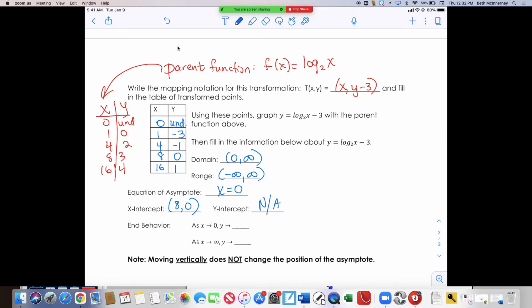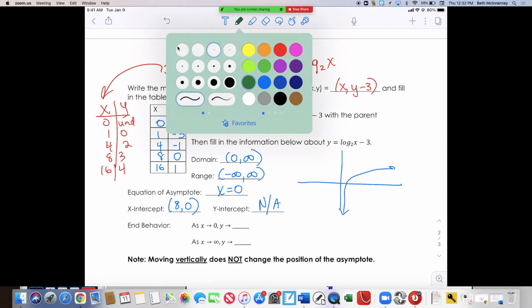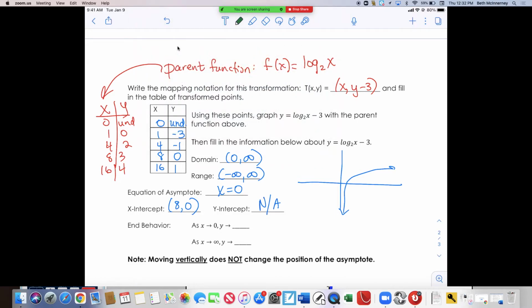How about the end behavior? So let's kind of make a rough sketch here. Here would be the original, and if I just move it down 3, I mean, that doesn't look very good. Let me erase that. That's not what it looks like. So it's literally down 3.